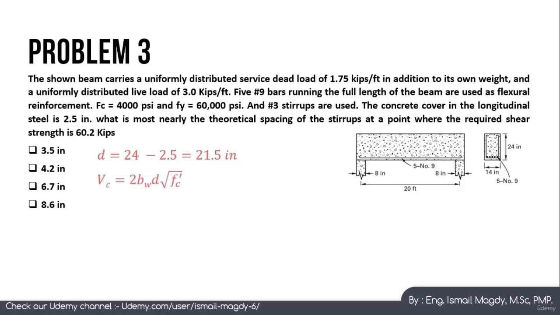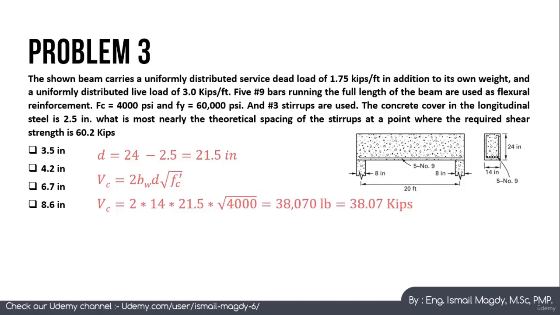After that, we will calculate Vc, which is the shear strength of the concrete section itself, which equals 2 b d root f'c. We have b, which is 14 inches, the width of the beam. We know d now, which is 21.5 inches, all multiplied by root 4000, which is f'c, equals 38,000 pounds or 38 kips.